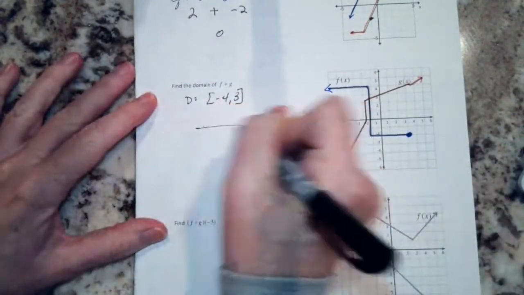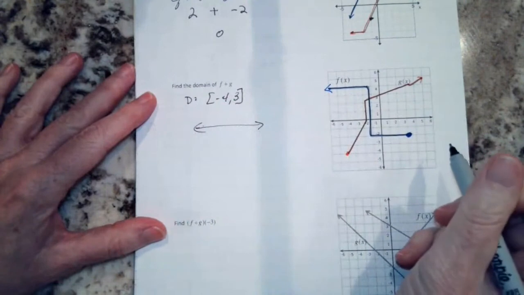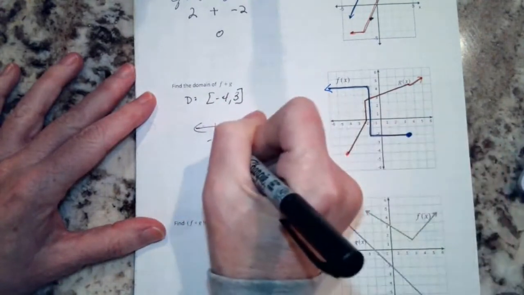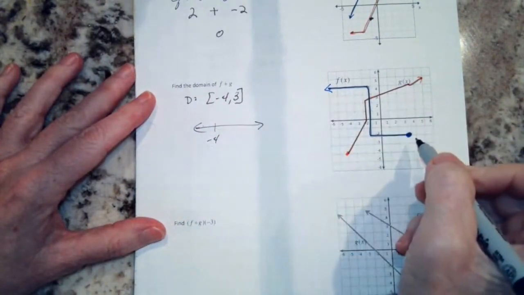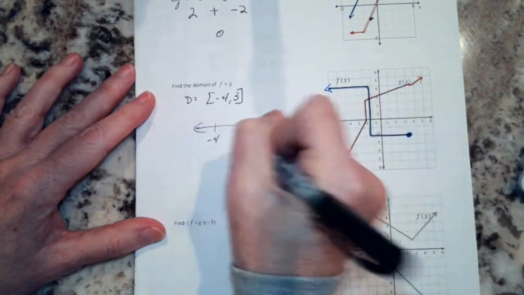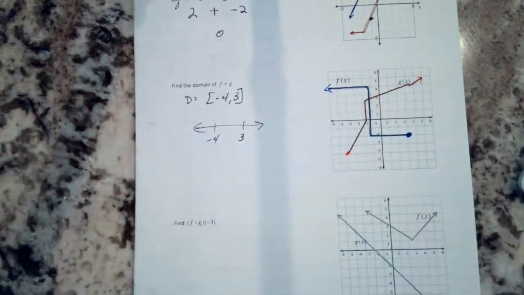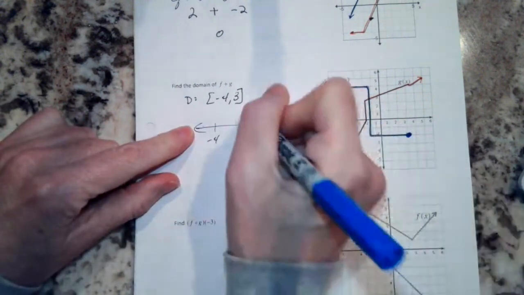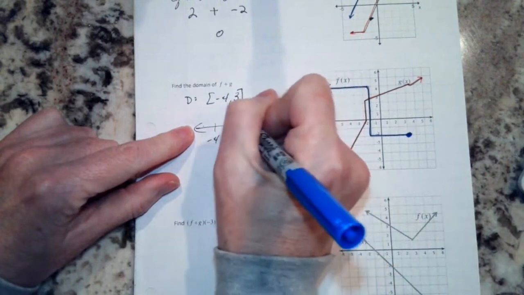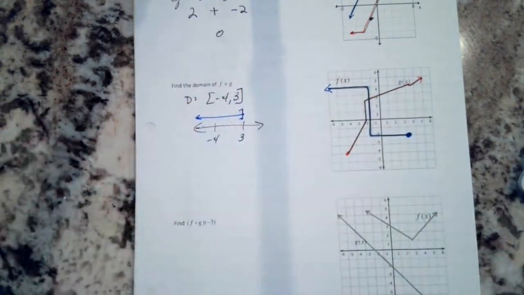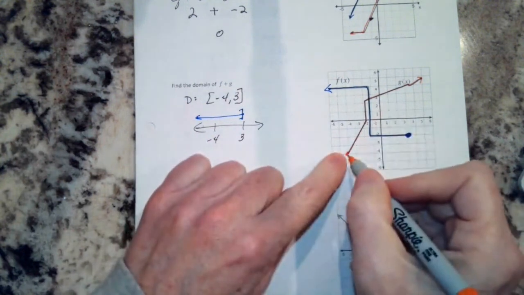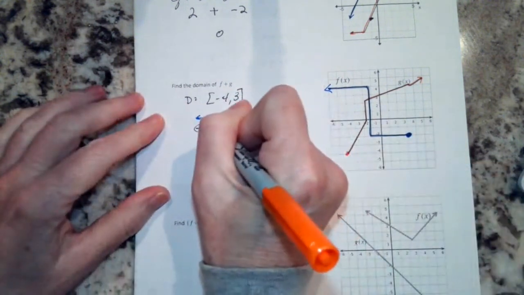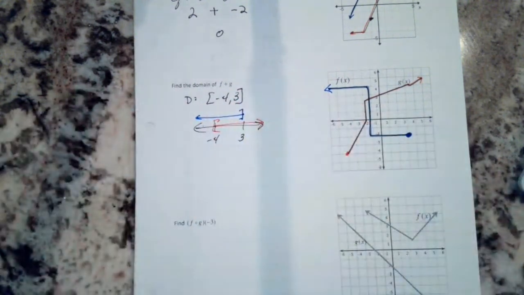When we were doing it on number lines, let's see what we've got here. We've got a -4 where some of our stuff stops, and we've got a 3. Okay, so let me show you. On the f function, this goes all the way to -infinity, but the f stops at 3. So the f looks like that. The g begins at -4 and goes all the way to infinity.